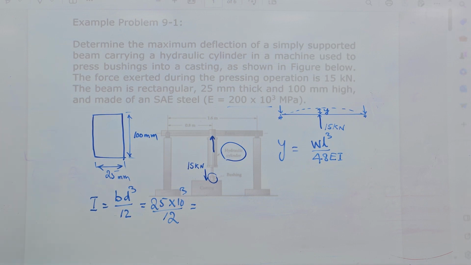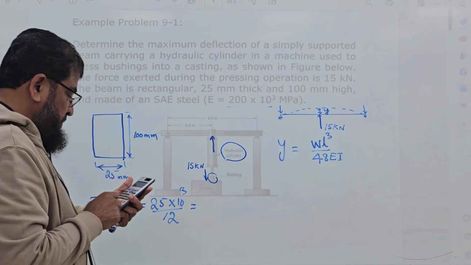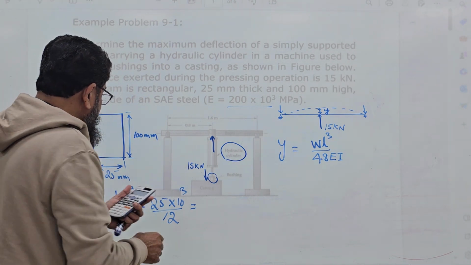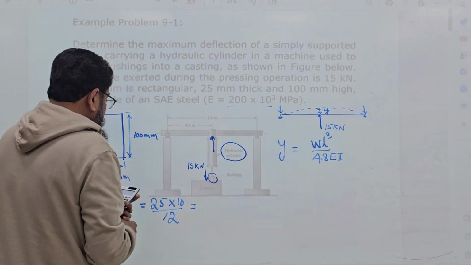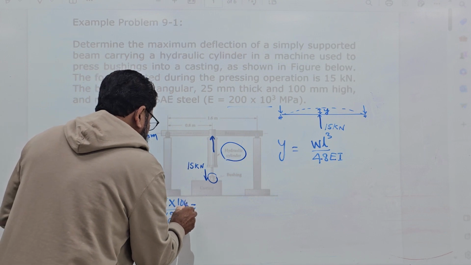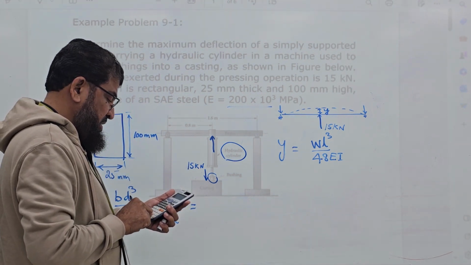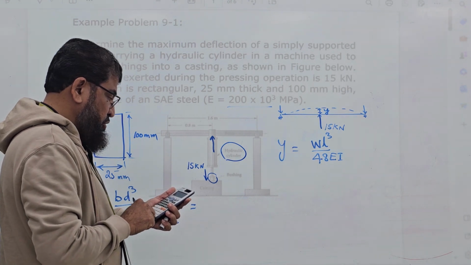We have to calculate it. One minute, let me calculate. 25 multiplied by 100 mm, is it? No, sorry, I wrote 10 cube, it is 100 cube. 100 to the power of 3 divided by 12.